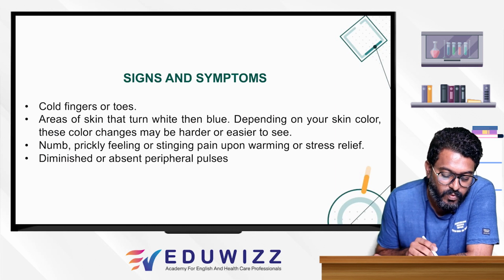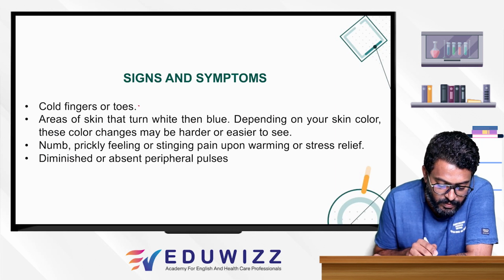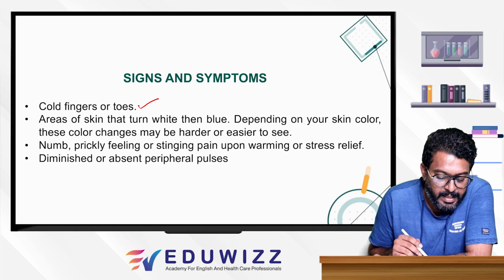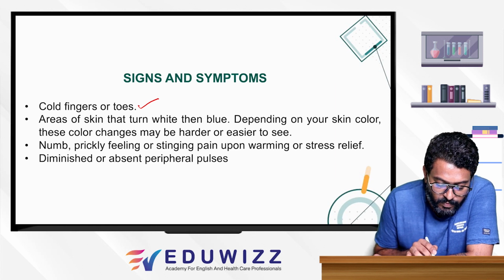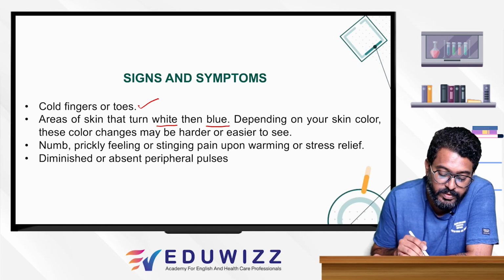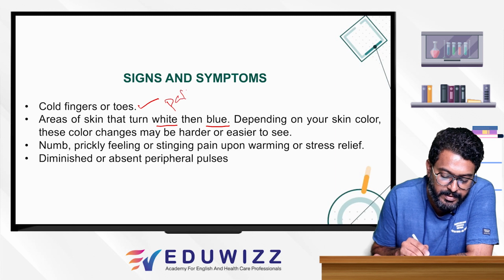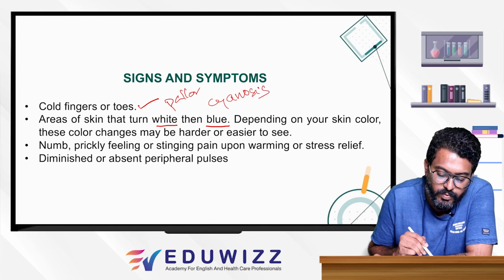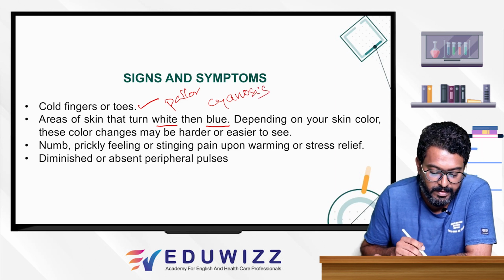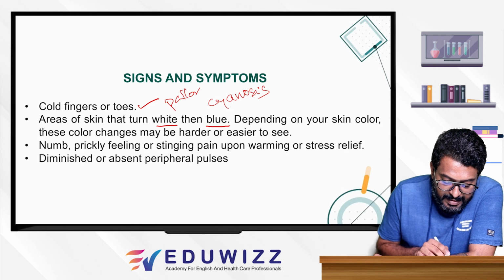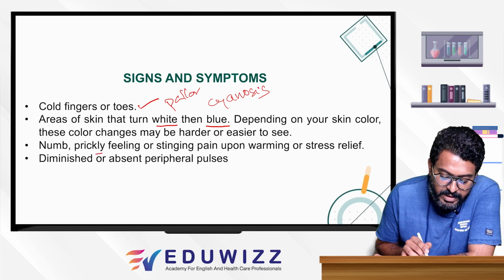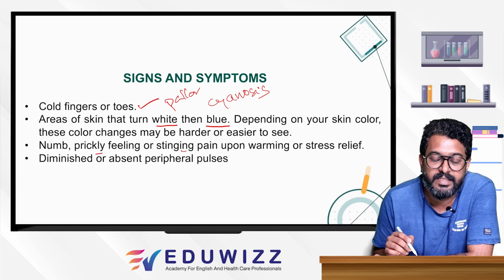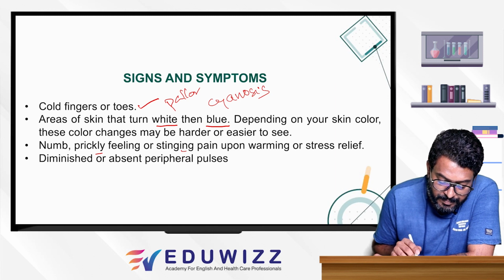Signs and symptoms are cold fingers or toes due to decreased blood flow, and areas of skin that turn white and then blue. So there will be pallor first due to decreased blood flow, and due to deficiency of oxygen, it will change into blue, which is known as cyanosis. Third, a numb and prickly feeling or stinging pain, which is known as numbness and tingling sensation.